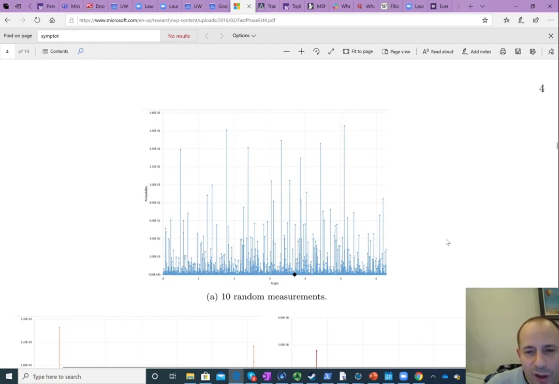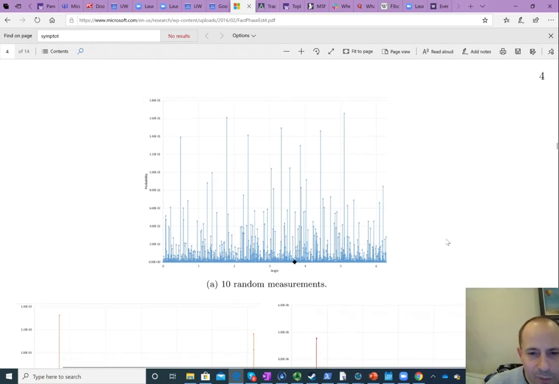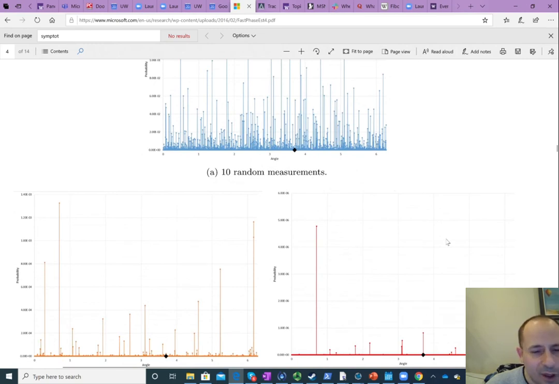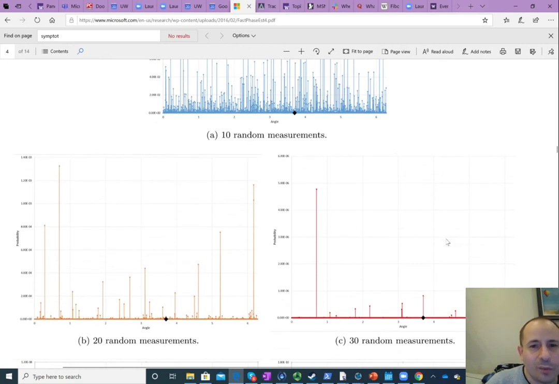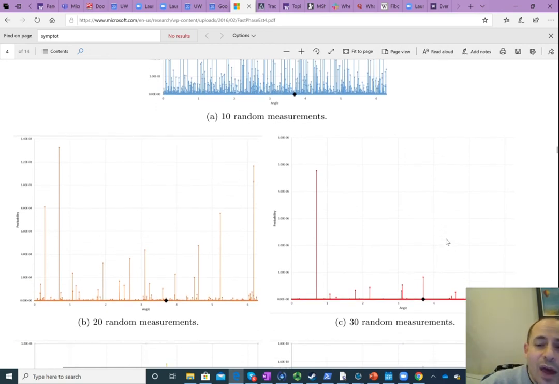But as the number of measurements increases, notice the spikes start becoming more pronounced and more periodic as the random values of m and omega start ruling out certain hypotheses. Also, pay attention to this black star. This happens to be the true value. So as more data is loaded into this approximate inference algorithm of theirs, after 30 measurements, this result starts showing decent support.